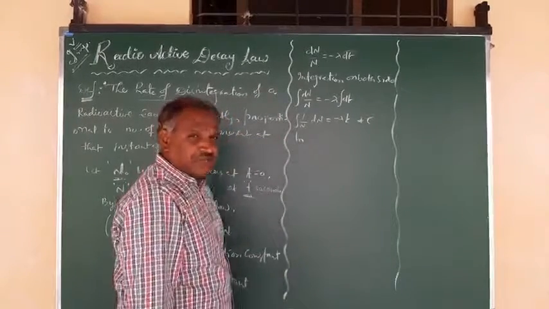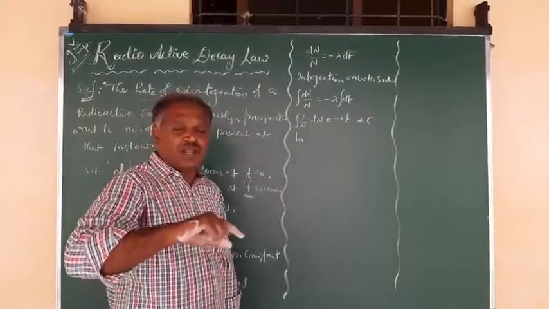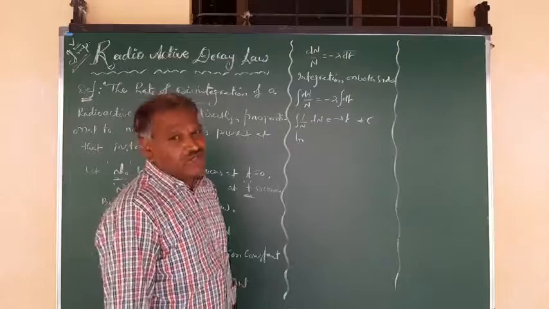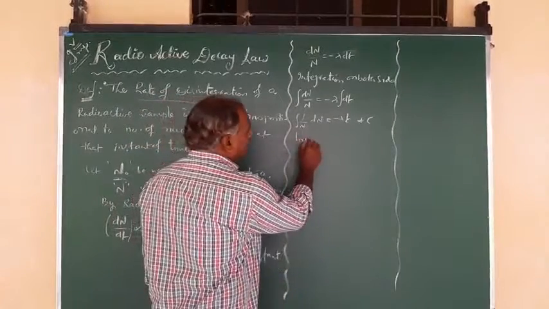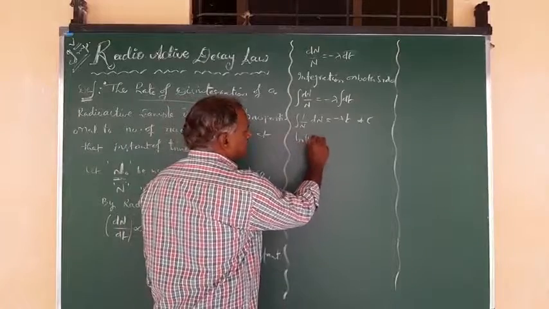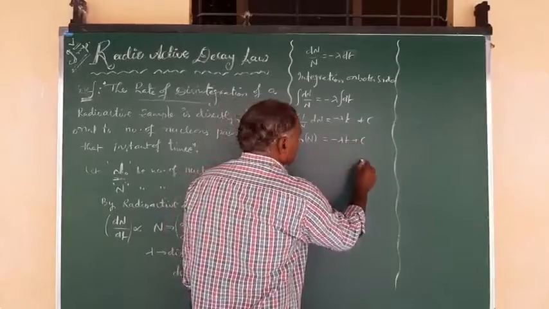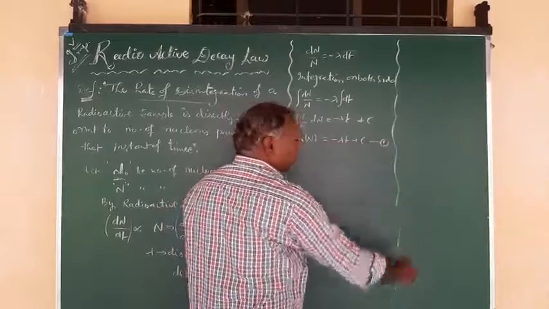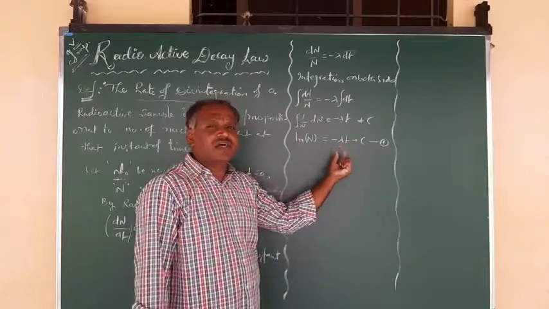Log base e is represented as ln. So ln of N is equal to minus lambda t plus c. So this is the equation we have, let it be 1. Now this integration constant we can calculate by taking the limits.